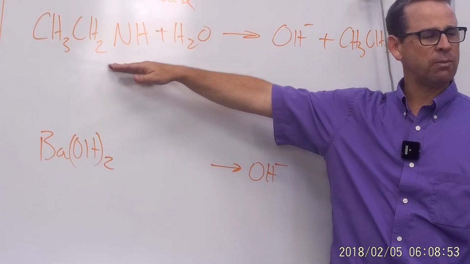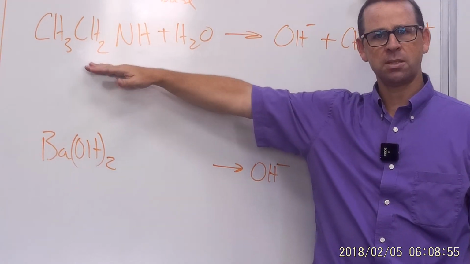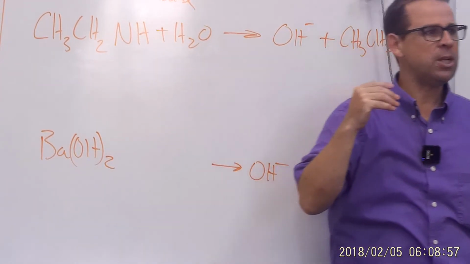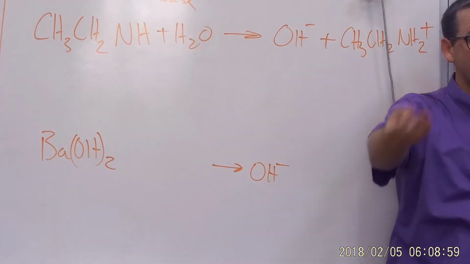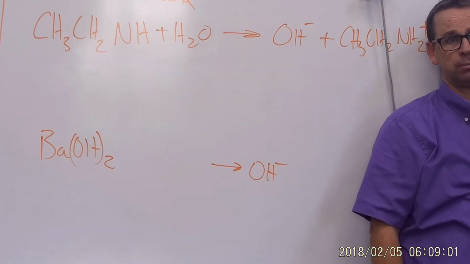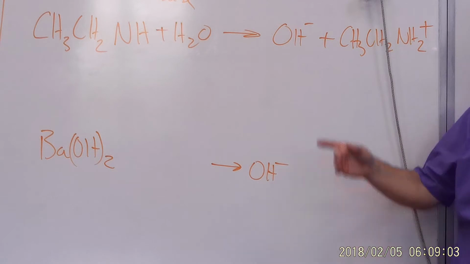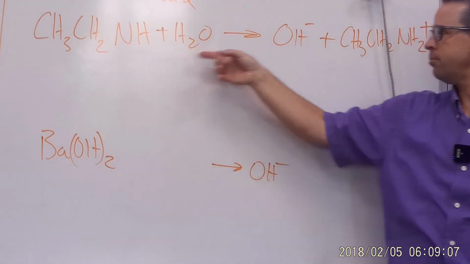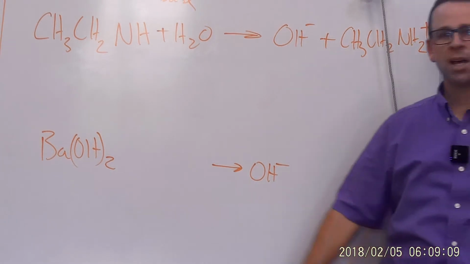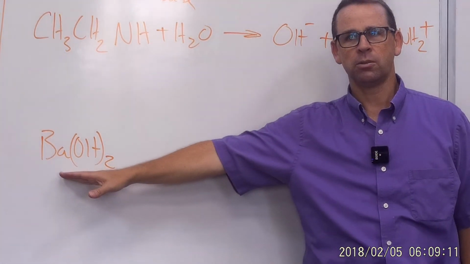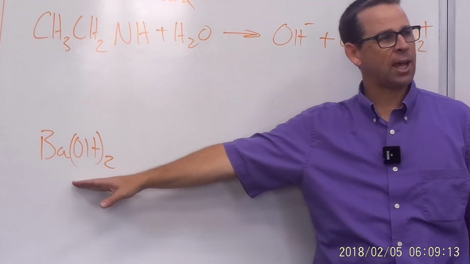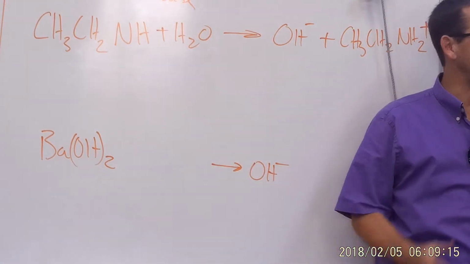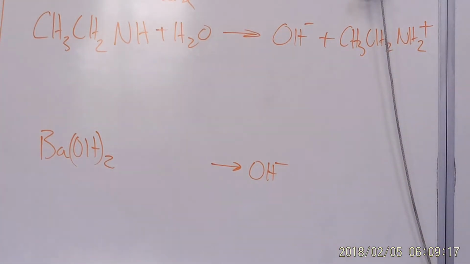So we have to have our definition encompass weak bases as well. The definition is you put it in water and the hydroxide ion results somehow. All right? And the hydroxide ion has resulted here for this weak base. See it? How is the hydroxide ion going to result here? This chemical has to dissociate. It's right there, so there it is. But if it doesn't dissociate, then it won't be a base.